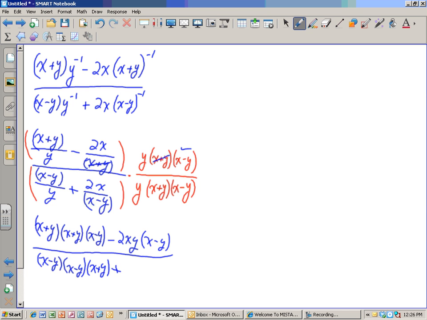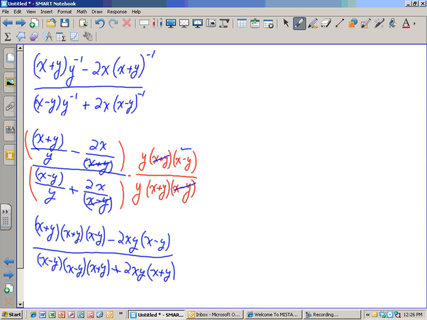Plus, now the x minus y's will cancel out, won't they? And I have 2xy times x plus y. When you get to this point, you've now made a complex fraction into a regular fraction, or a rational expression.